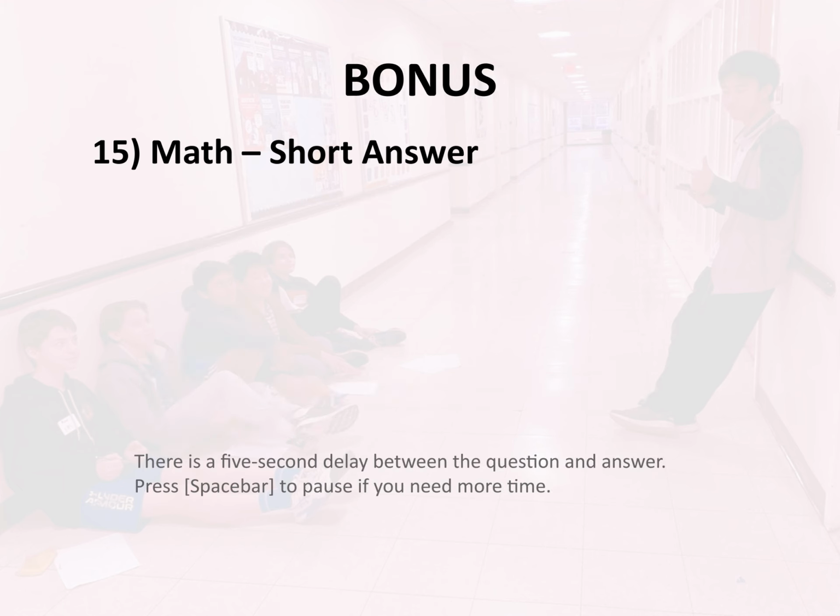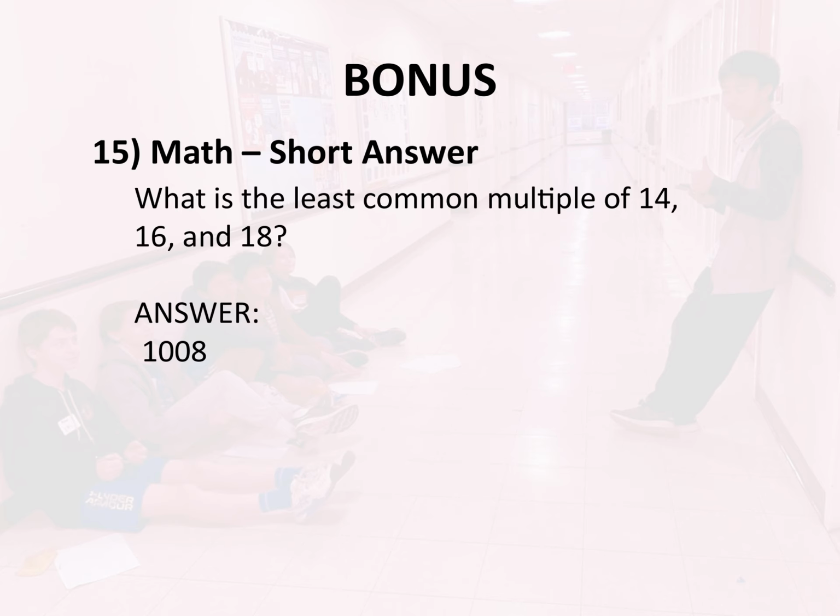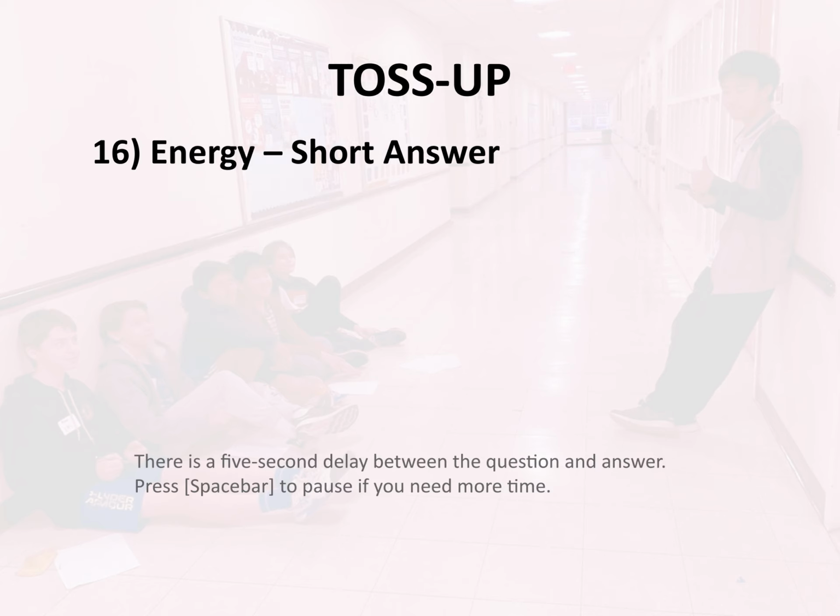Bonus 15. Math, short answer. What is the least common multiple of 14, 16, and 18? Answer: 1008. Toss-up 16.